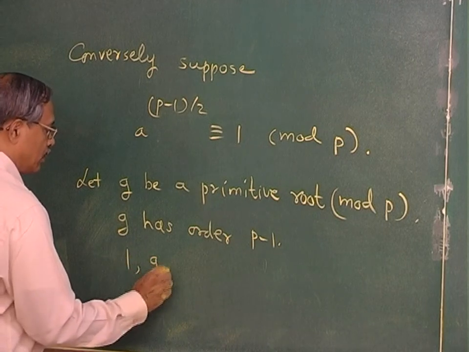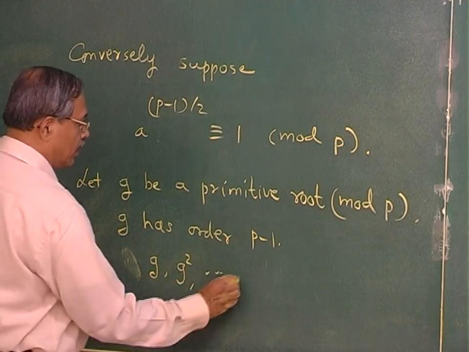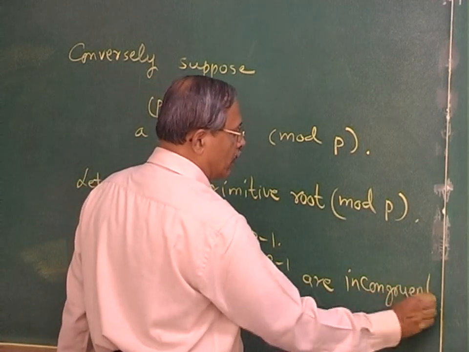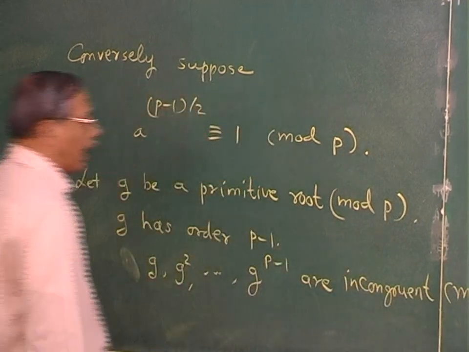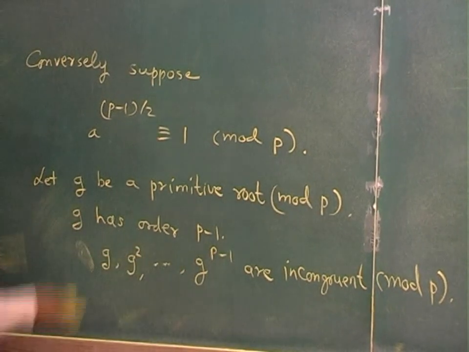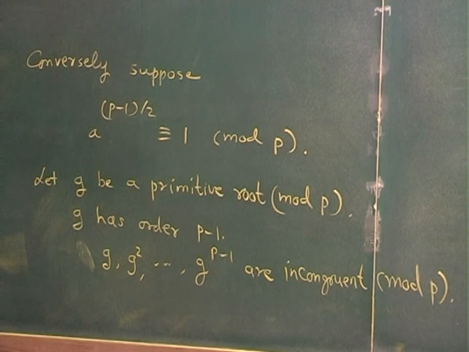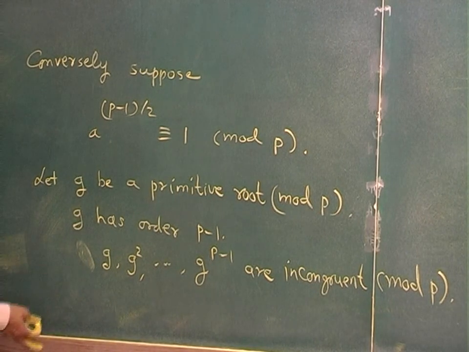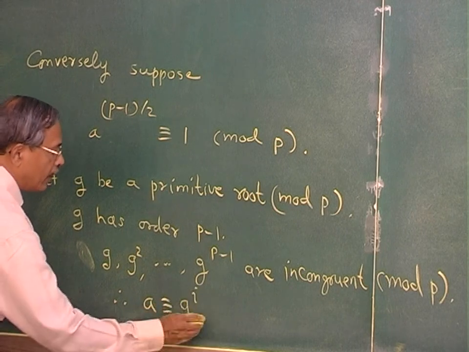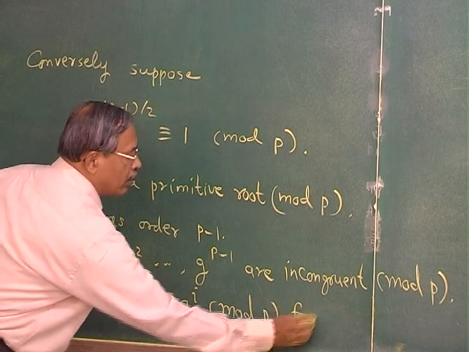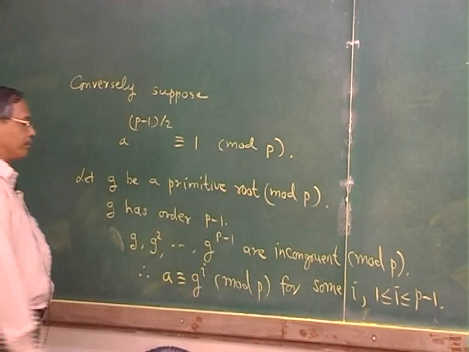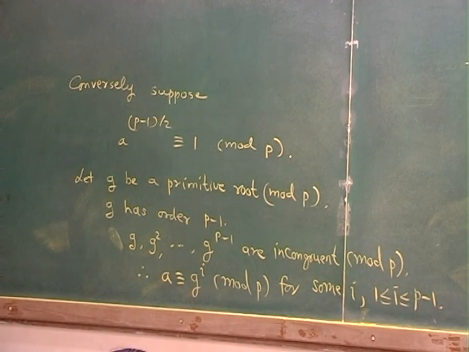G, G square, etc., G raised to P minus 1 are incongruent mod P. And therefore they provide a reduced residue system mod P. They are P minus 1 in number, they are coprime to P, they are incongruent, therefore they provide a reduced residue system mod P. And A is coprime to P, so A must be congruent to one of these mod P. Therefore, A is congruent to G raised to I mod P for some I, where 1 is less than or equal to I, which is less than or equal to P minus 1.